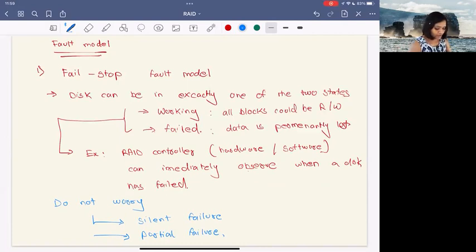Now, if this discussion of silent failures and partial failures has already triggered thoughts of what other types of failures there are, then keep those horses running. It never hurts to think about different possible scenarios, right? You could frame examples of what other types of things could go wrong.